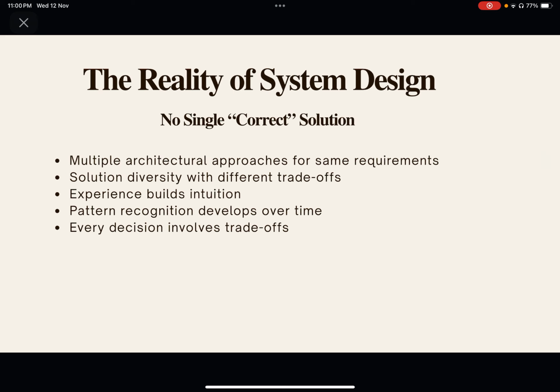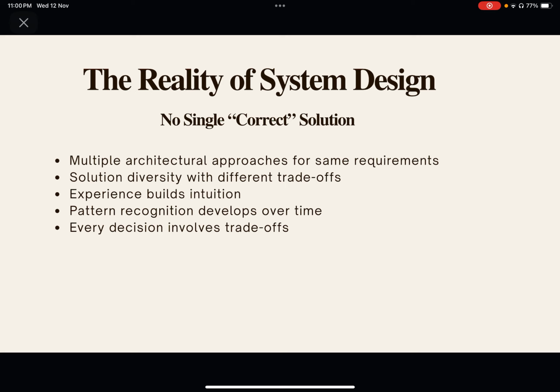Before going further, let me tell you the reality of system design. Here's something crucial to understand: system design is not like coding problems where there is one correct answer. Multiple architectural approaches can effectively solve the same problem, each with its own trade-offs. For example, you could use a monolithic architecture or microservices.